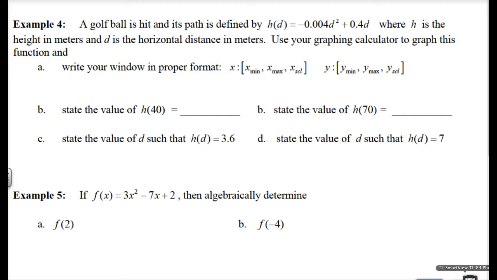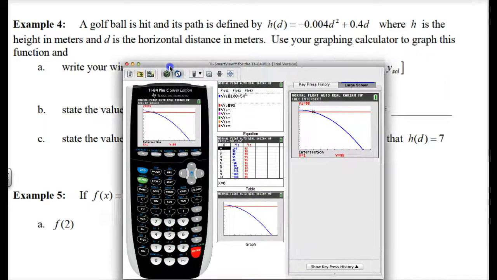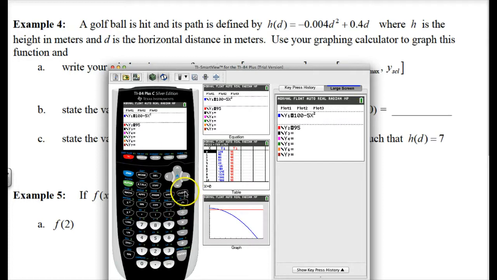Okay, let's get the graphing calculator out. I'm going to drag it down here a bit. So let's go to y equals. Let's clear out what we have. Clear.